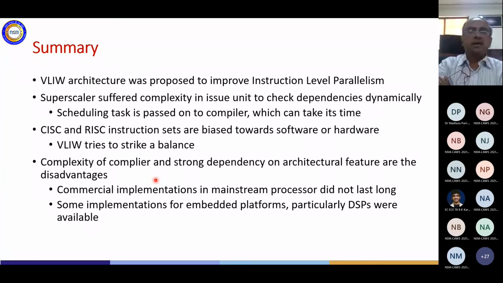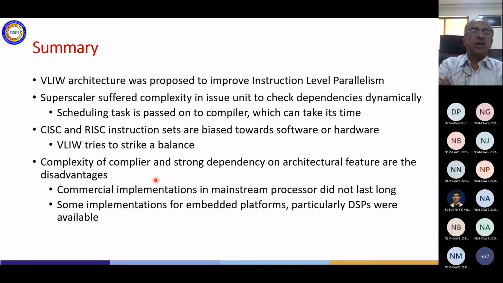It tried to address the problem faced by superscalar, because the issue unit was very complex and under time pressure as it was working dynamically. This dynamic, time consuming task was shifted to a compiler, which could do it statically with no time pressure. So that was the first compelling reason.